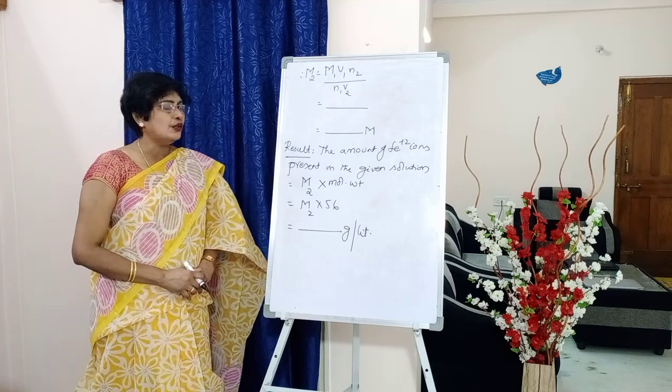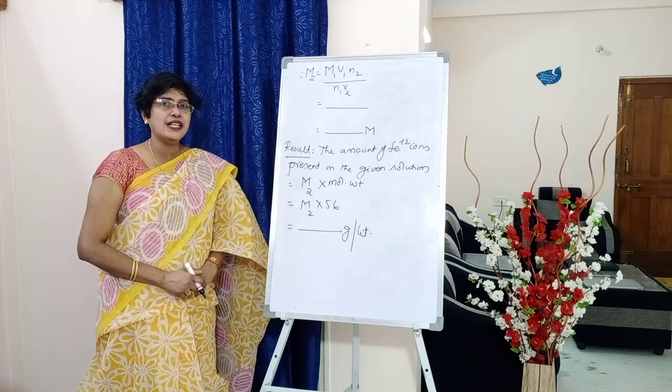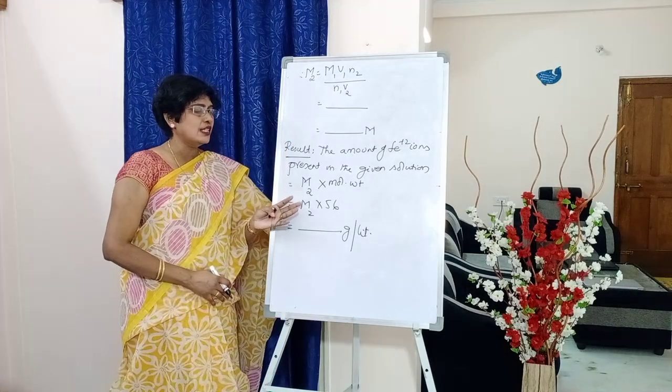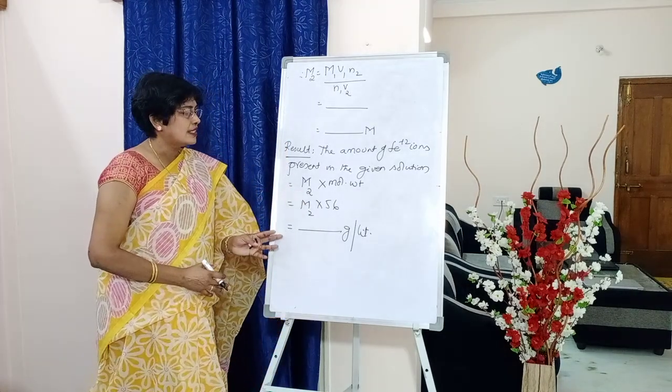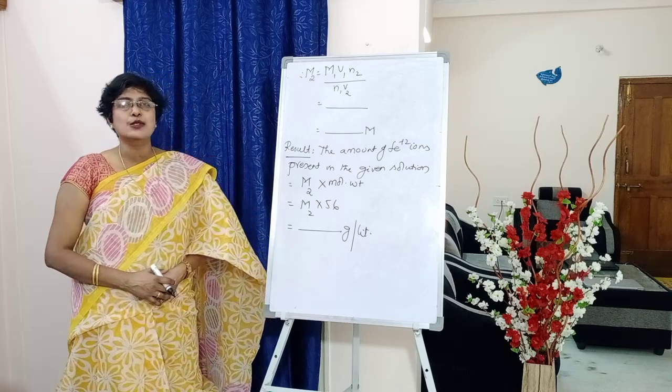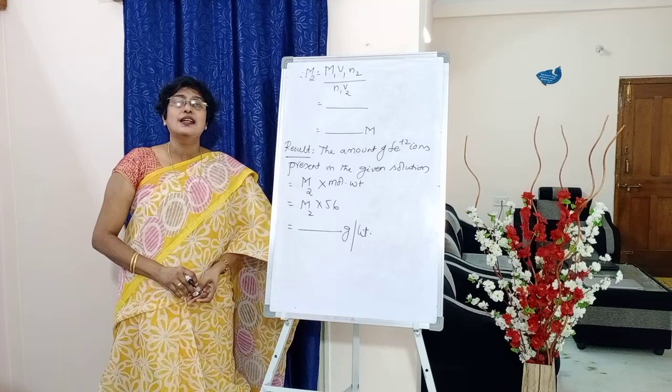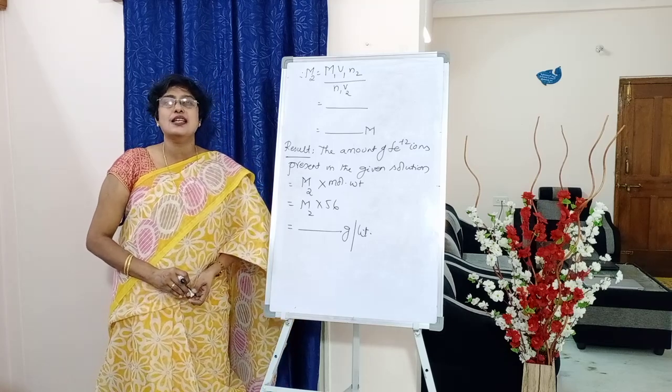It is equal to M2 into 56. So the value which is obtained here, you will enter here, students, into 56 is equal to dash grams per liter. Okay. So this is all about estimation of ferrous ion, students.